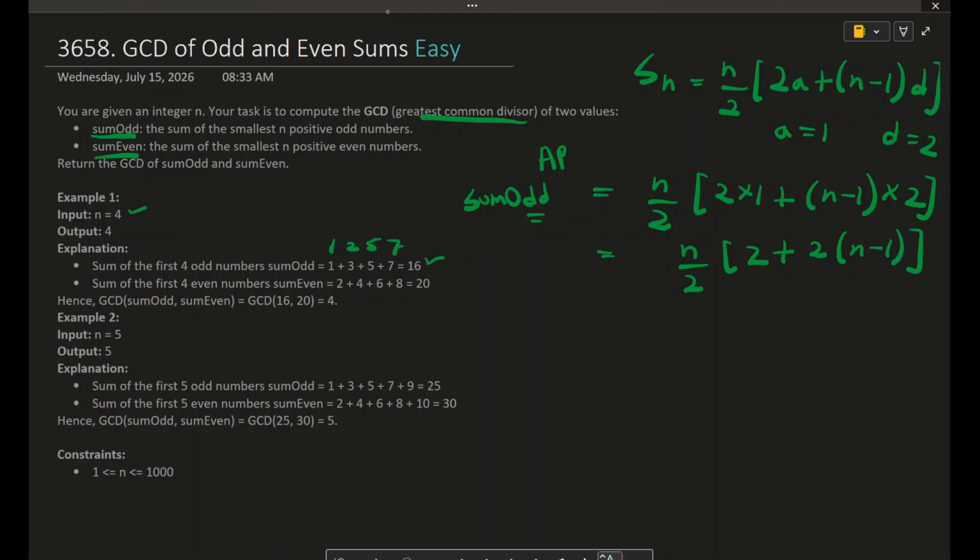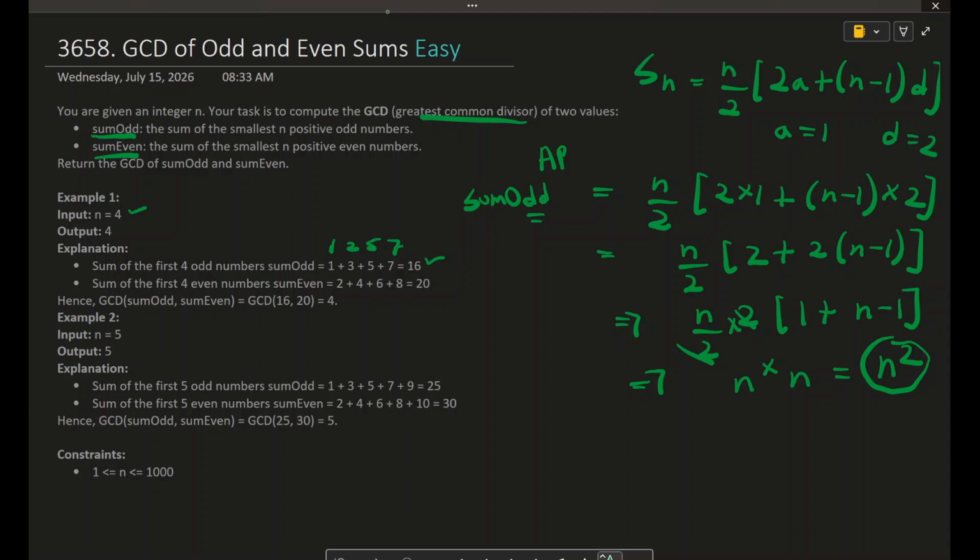If we take 2 common outside, it becomes n by 2 into 2 times (1 plus n minus 1), and this 2 will get cancelled and we will remain with n times n. So the sum of the first n odd numbers is n square.